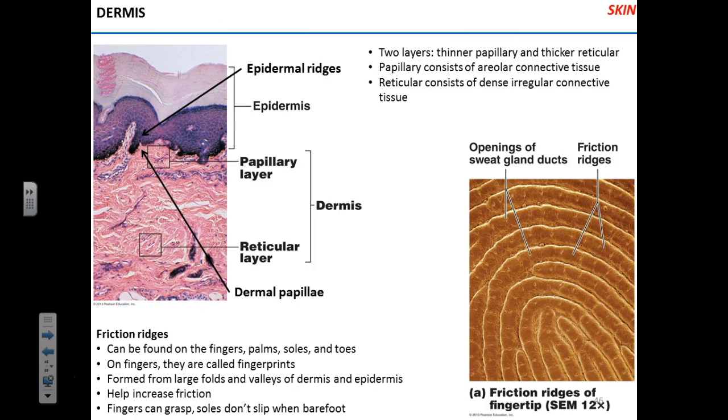Dermis. Now, dermis is the deeper layer of the skin, and I want you to be able to operate in the anatomical terms of deep versus superficial. Does that make sense?